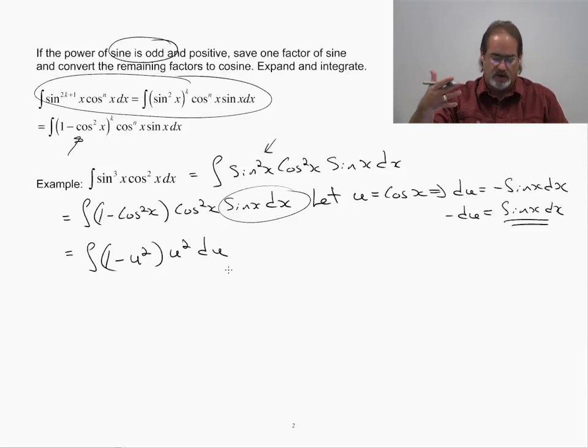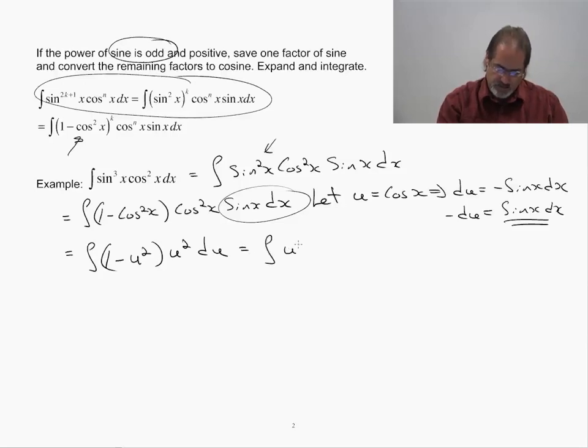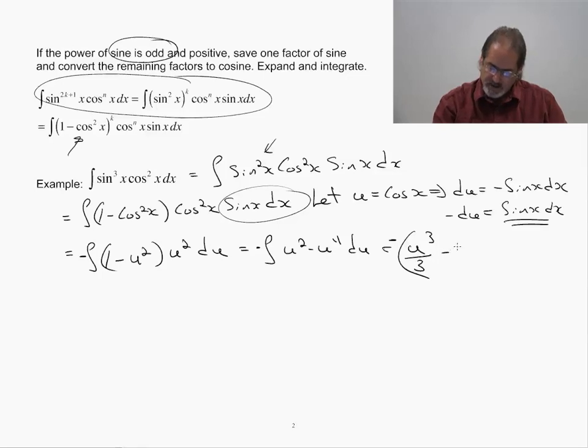See, I just went from something involving sines and cosines down to a polynomial in u. And of course, I can rewrite this as the integral of u squared minus u to the fourth du, which is u cubed over 3. Oops, forgot my negative sign here. Let's put a negative out there. Minus u to the fifth over 5.